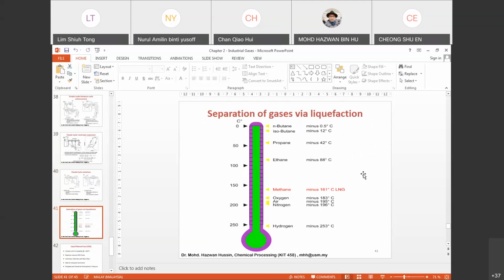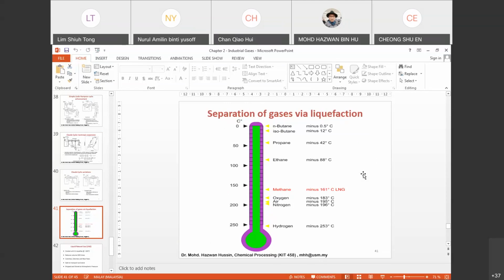Right. So the last part of this chapter related to liquefaction is on separation. After you know how to produce liquid gas, you have to understand that liquefaction is also used for the separation of different gases. Because by principle, every chemical has its own flash point or boiling temperature.